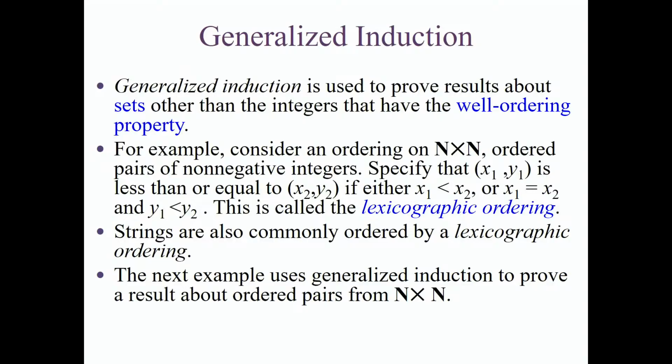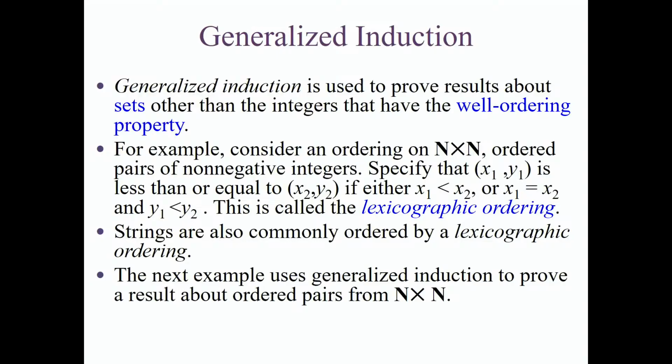The definition is: if we have two pairs, x1, y1 and x2, y2, then when we specify that x1, y1 is less than or equal to x2, y2, we follow the condition x1 less than x2. We compare the first element first.